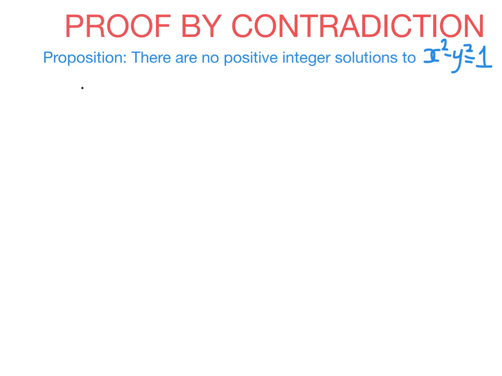So we are going to start by assuming that there are positive integer solutions to x squared minus y squared equals 1. Positive integer solutions means that both x and y are positive integers.